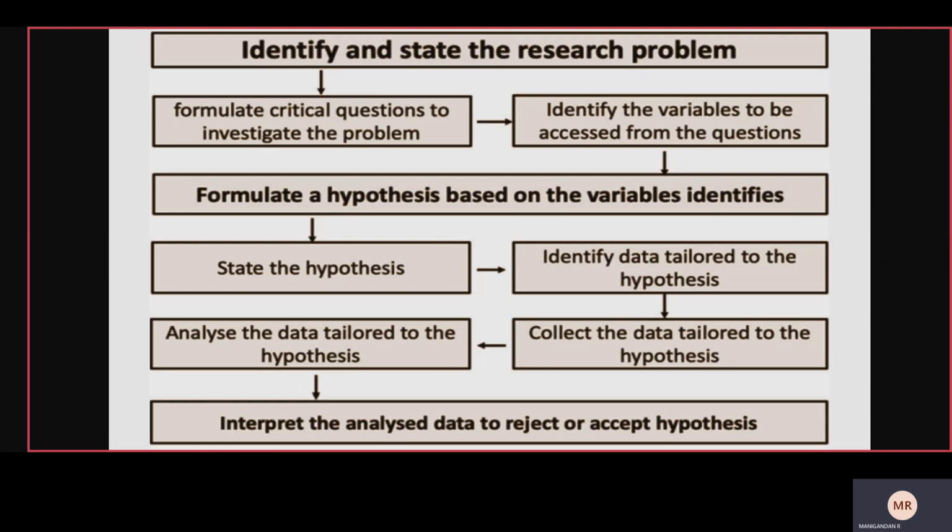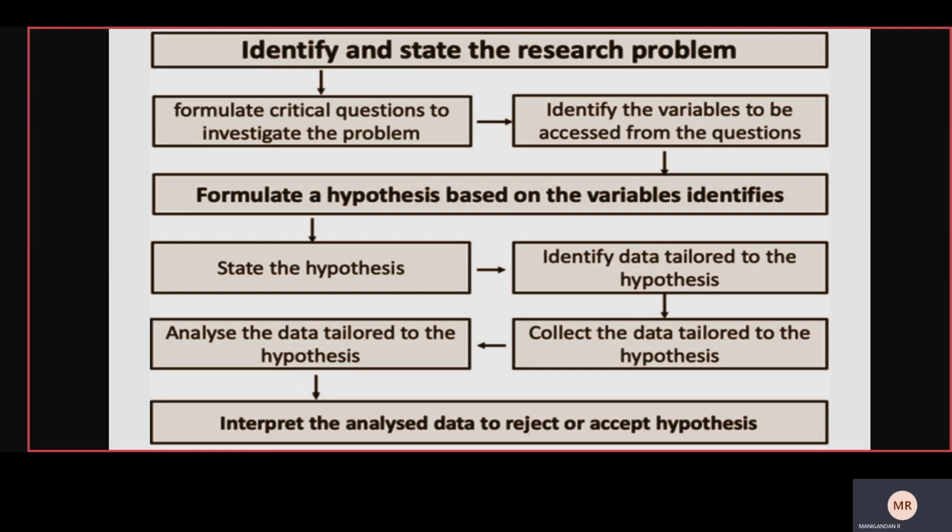That is called the research question, which needs to be framed. Next, identify the variables to be assessed from the questions, and formulate the hypothesis based on the identified variables. What are the variables I need to formulate? And next is to state the hypothesis. Which type of hypothesis am I going to use?